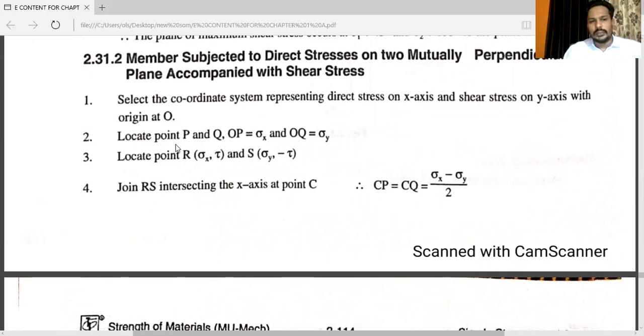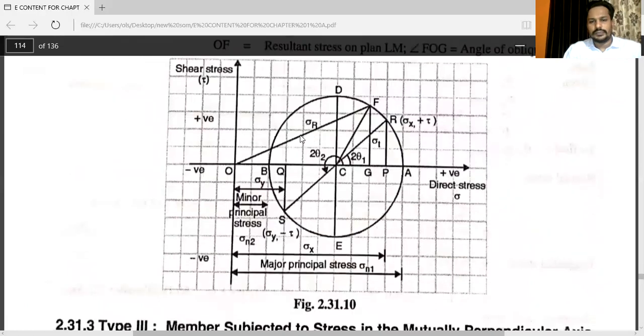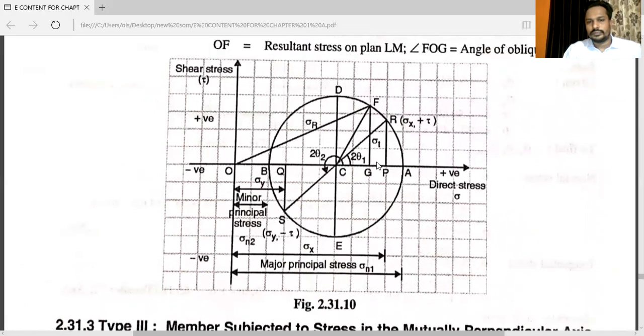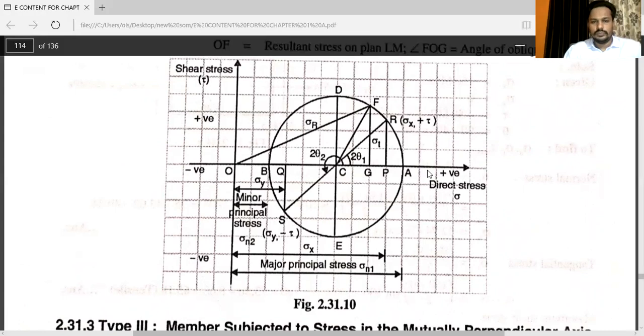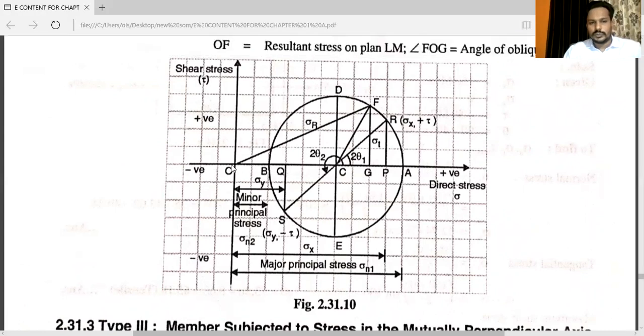Locate points P and Q. OP is equal to sigma x and OQ is equal to sigma y. So you can see here O to P, sigma x. This one is P. You can see OQ, that is sigma y.